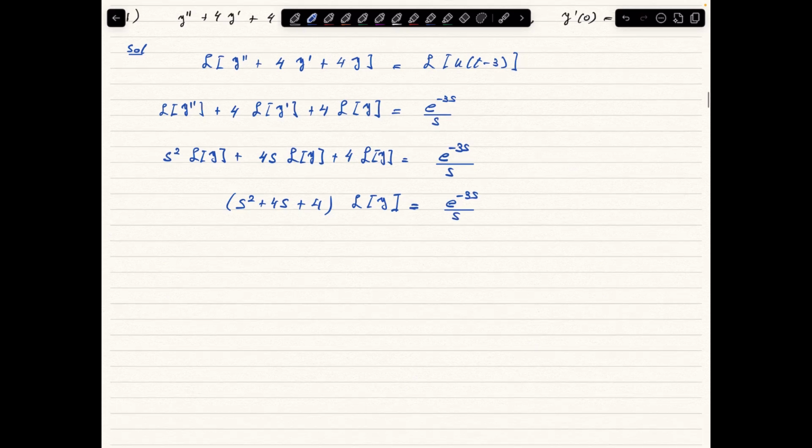So we obtain the Laplace transform of y. This is the easy part of the calculation. We have an exponential negative 3s, and then we have 1 over s, and then s squared plus 4s plus 4.